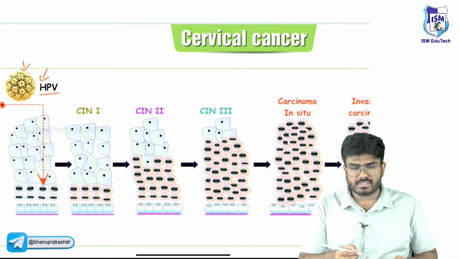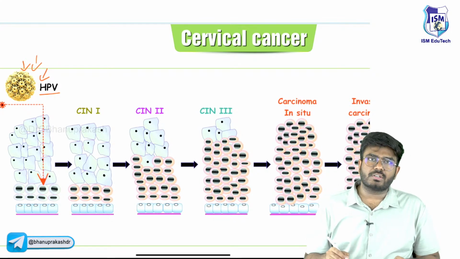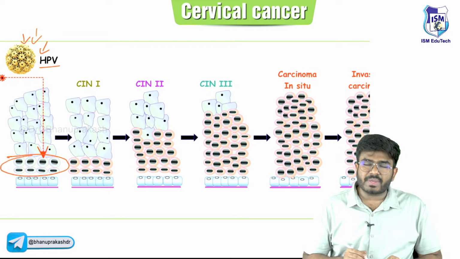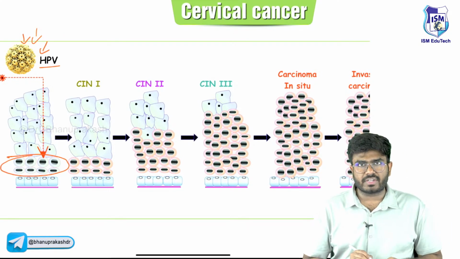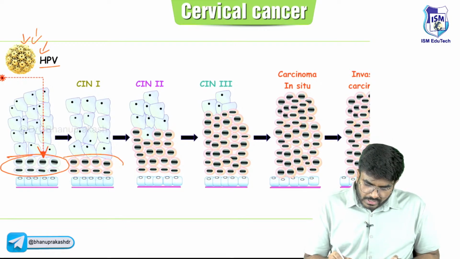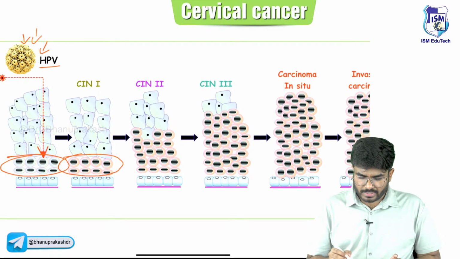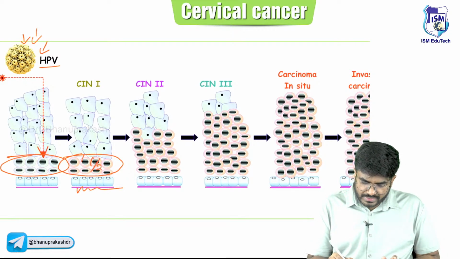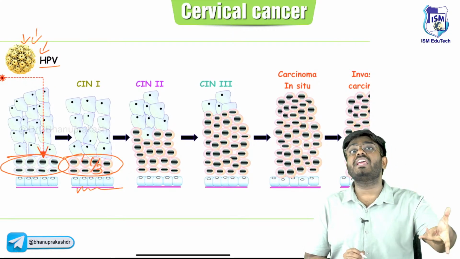Human papilloma virus. Once this virus enters into the body, the cervical area, it is going to affect the basal cells, especially the basal cells in the cervix. Now see, only the lower 1/3, here is the basement membrane, for example. If only the lower 1/3 is getting affected, the cells are showing dysplasia.